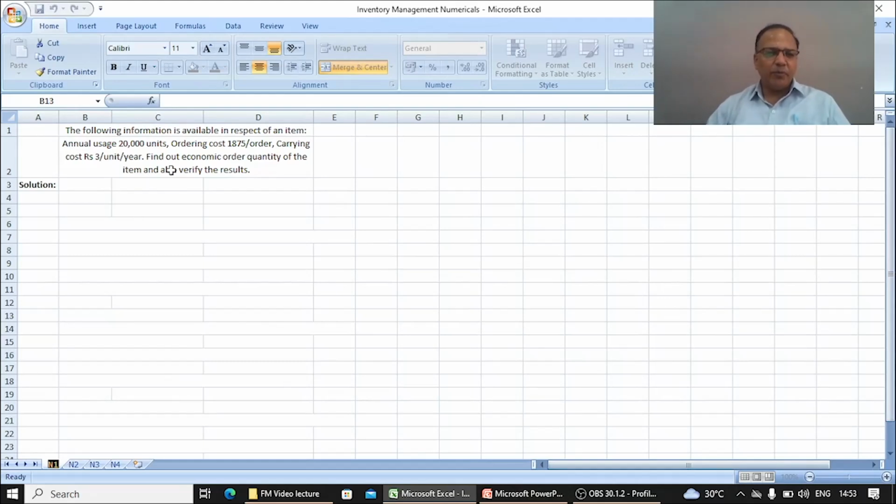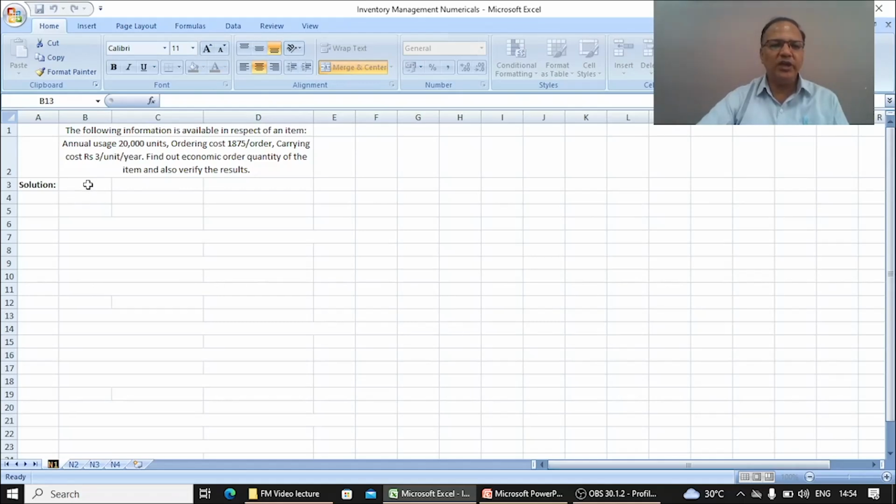The following information is available in respect of an item. Annual usage 20,000 units, ordering cost 1875 per order, carrying cost rupees 3 per unit per year. Find out the economic order quantity of the item and also verify the result.